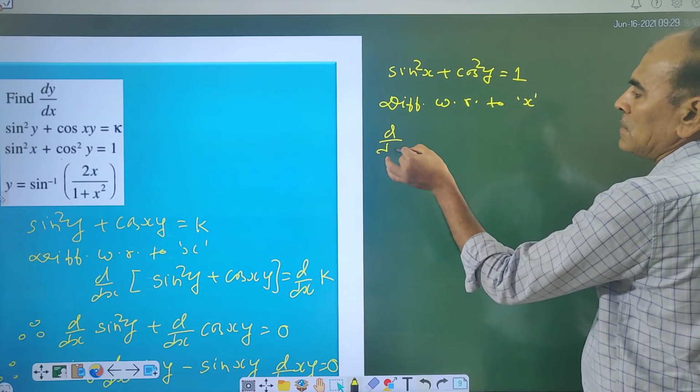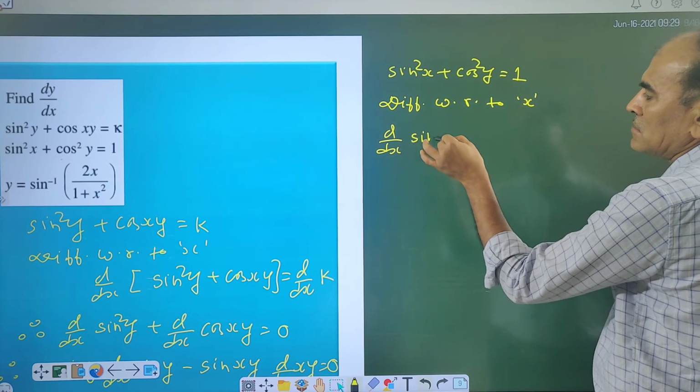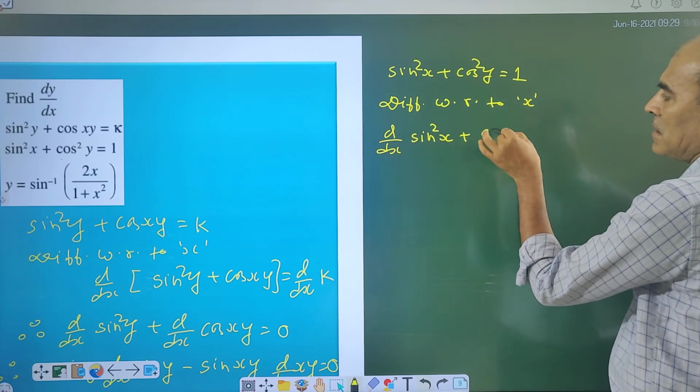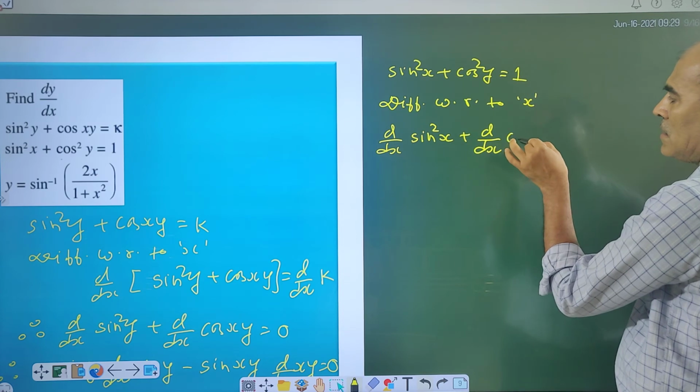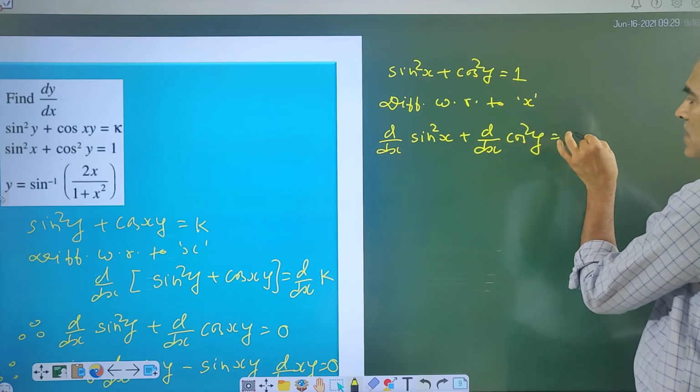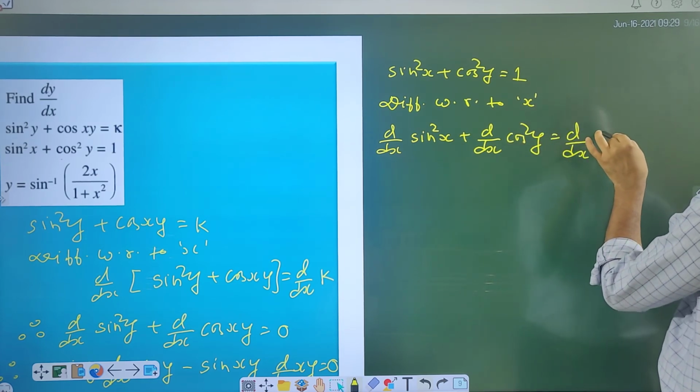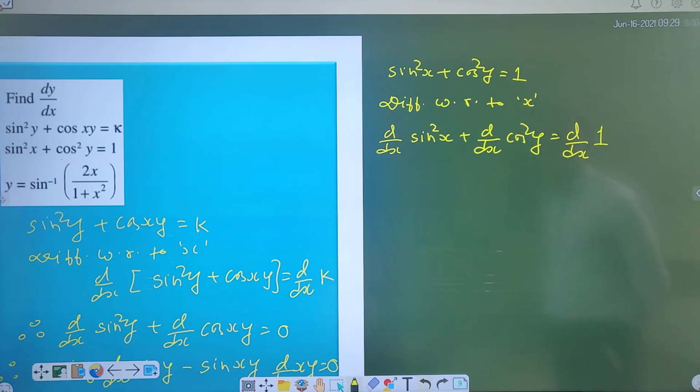So d by dx of sine square x plus d by dx of cos square y is equal to d by dx of 1.